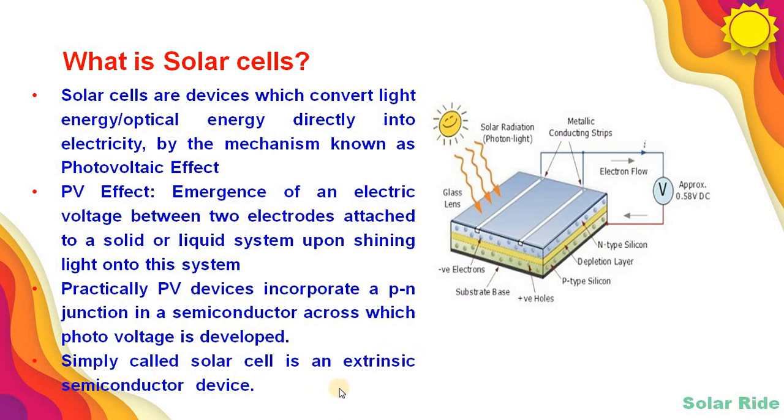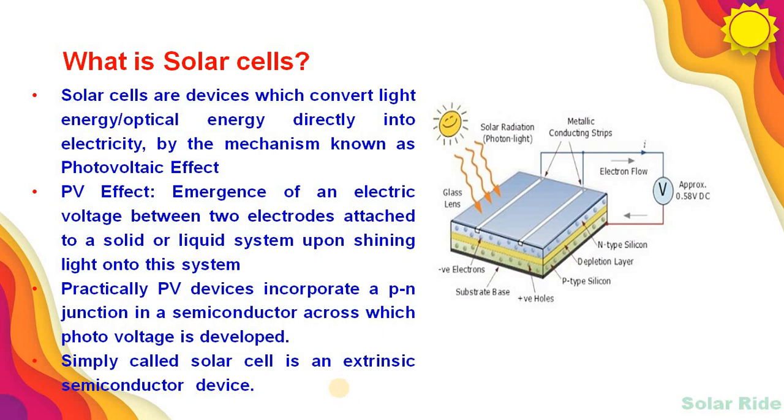Simply, a solar cell is an extrinsic semiconductor. We call it extrinsic because we use p-type and n-type doping. Doping means adding impurities to the pure semiconductor.